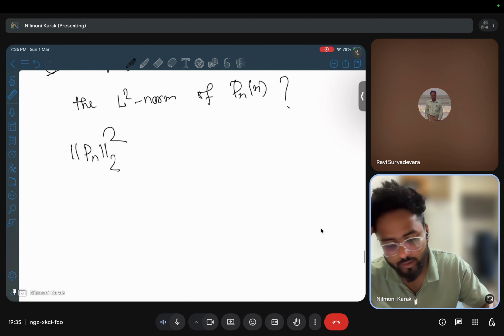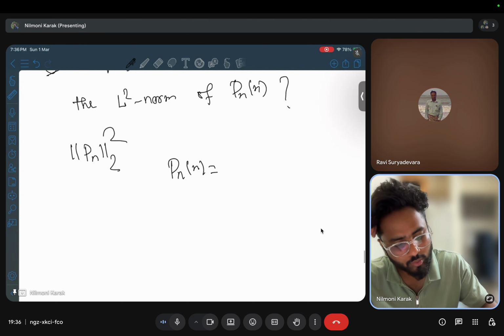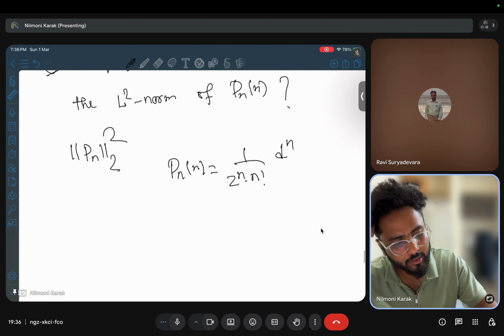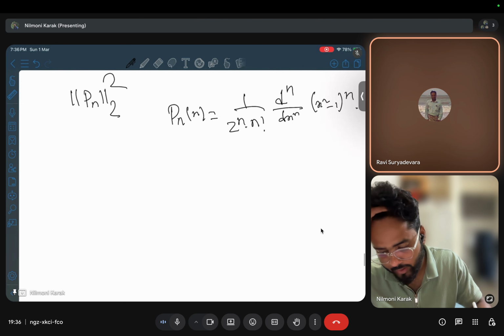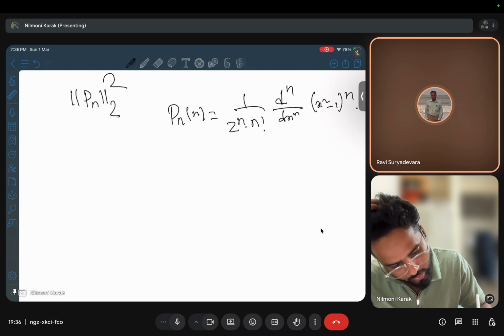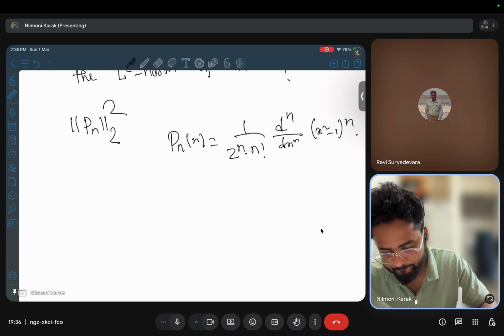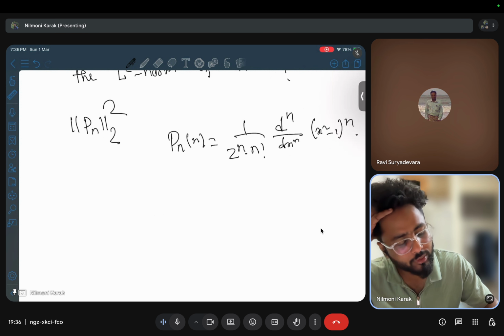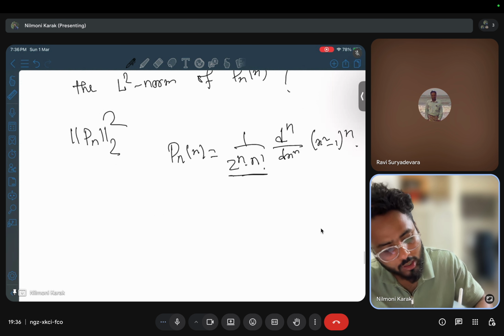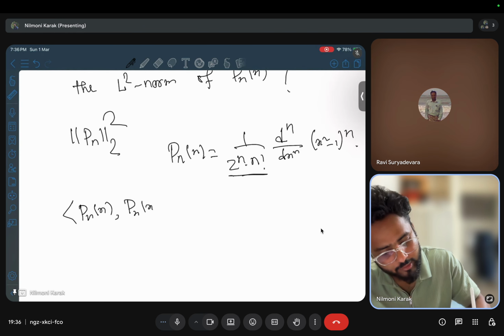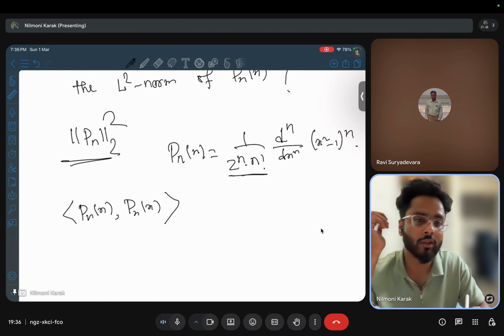And Pn(x) is what? Pn(x) is 1 by 2 to the power n into n factorial, d^n/dx^n of (x square minus 1) to the power n. So for simplicity, we want to calculate the square, right?